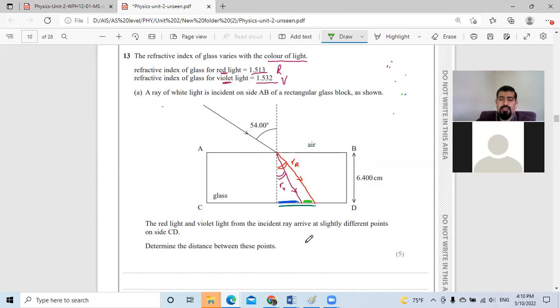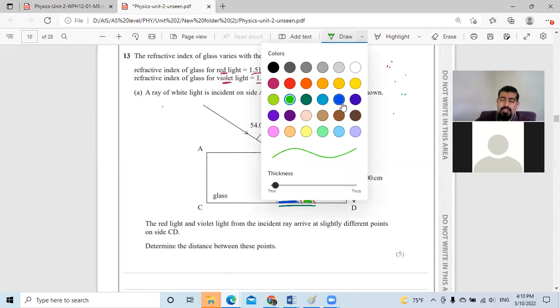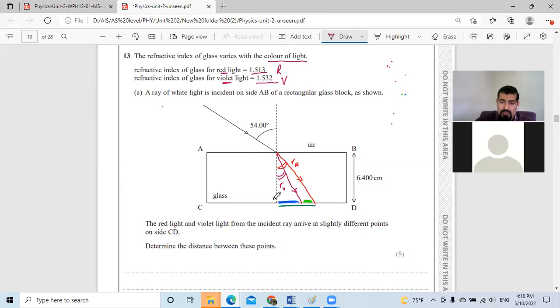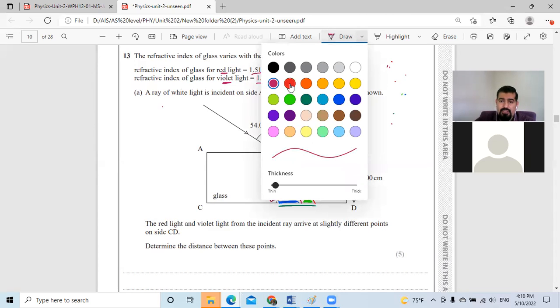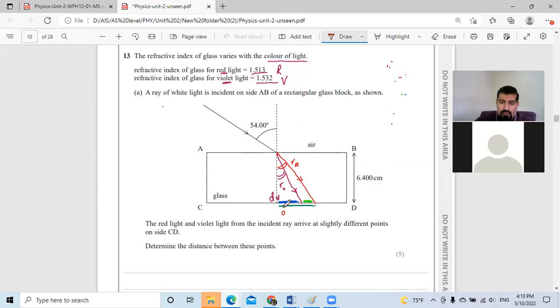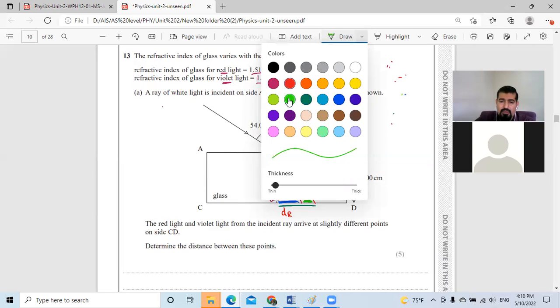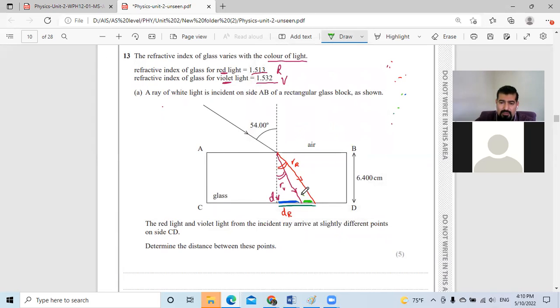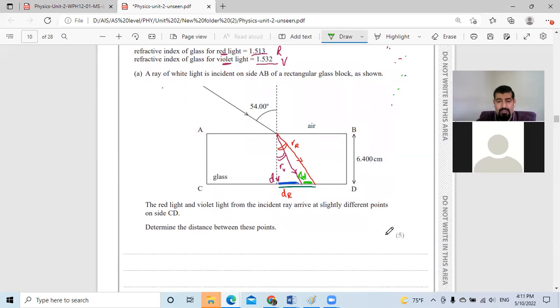So I have to find the deviation for the violet and the deviation for the red, and they ask about the difference between these two. I will call it, for example, D or delta D. They ask about this distance, how far it is. So that's why it takes 5 marks.